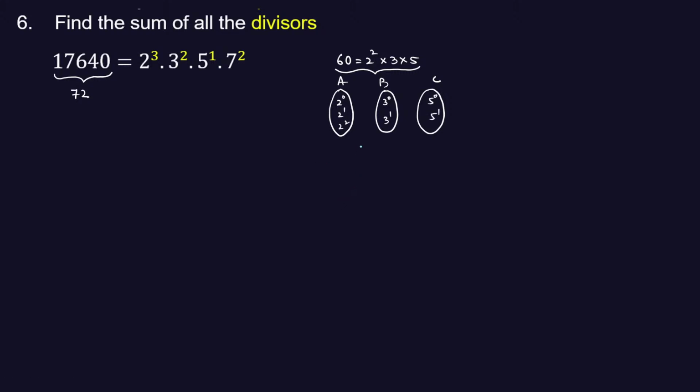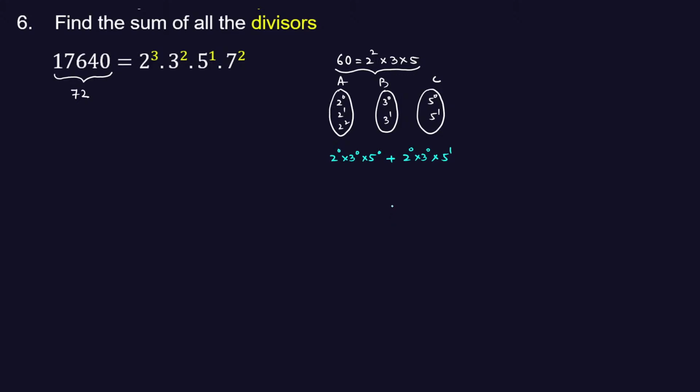So now, I want to find out the sum of the divisors. First, what are the divisors? 2 to the power 0 into 3 to the power 0 into 5 to the power 0. This is one divisor of 60. The another one is 2 to the power 0, 3 to the power 0, 5 to the power 1.